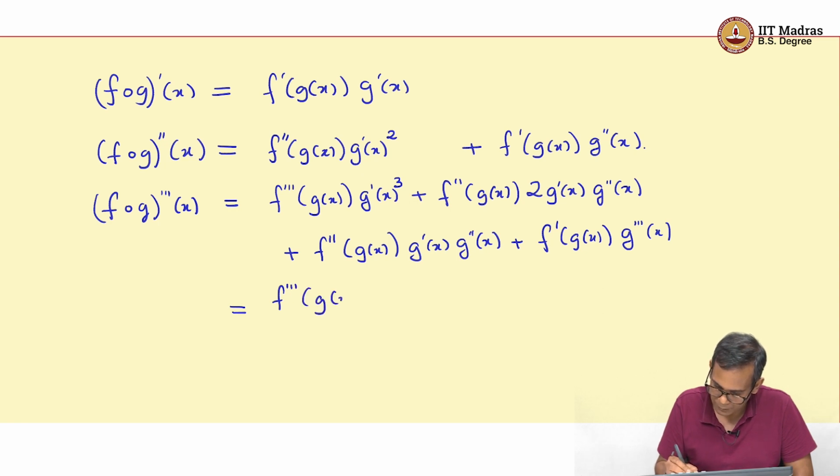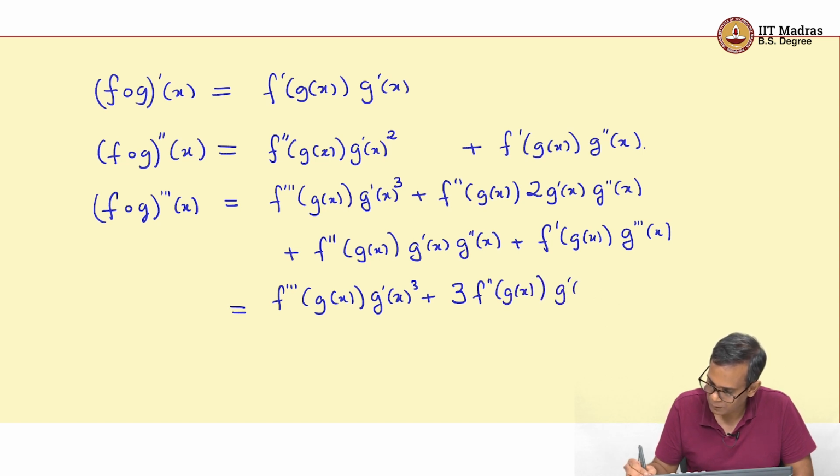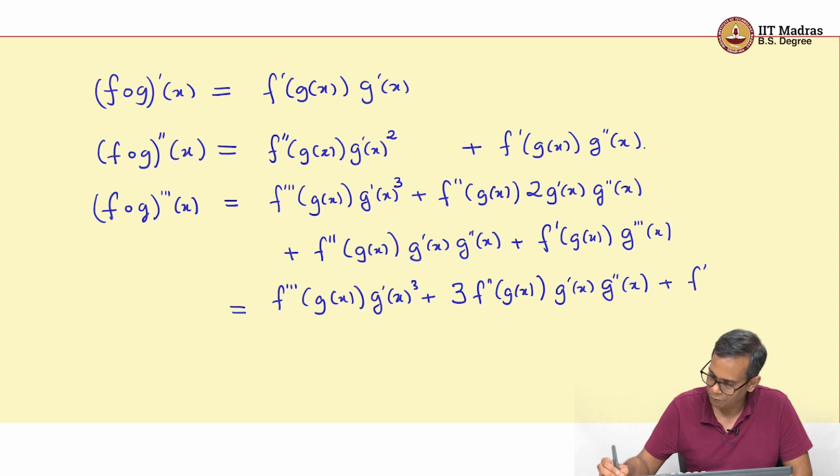We get f triple prime of g of x times g prime of x cubed, plus, notice that the second term and the third term here are really the same. There is the second derivative of f, and then there is a g prime of x and a g double prime. So, I can combine them and write it as 3 times f double prime of g of x times g prime of x times g double prime of x, and then the last term, which is just f prime of g of x times g triple prime of x.